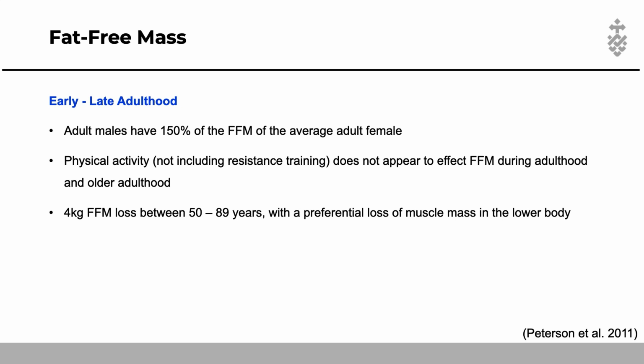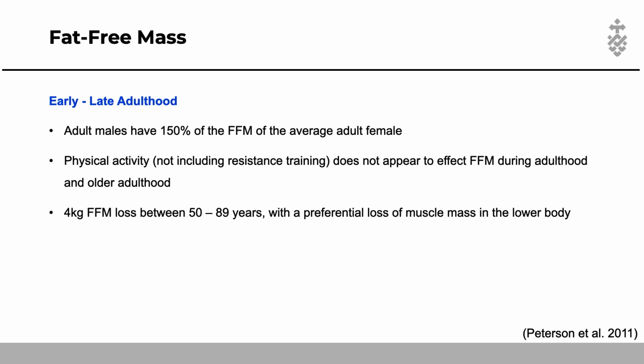Now, in adulthood, males have around 150% of the fat-free mass of an average adult female, and that's mainly due to greater muscle mass as the result of more testosterone. Also, males are generally a larger size than females, so their organs would be bigger and weigh more.